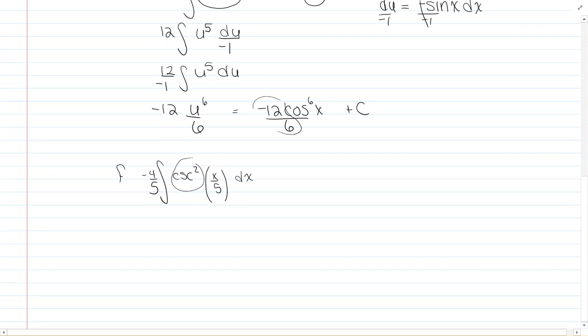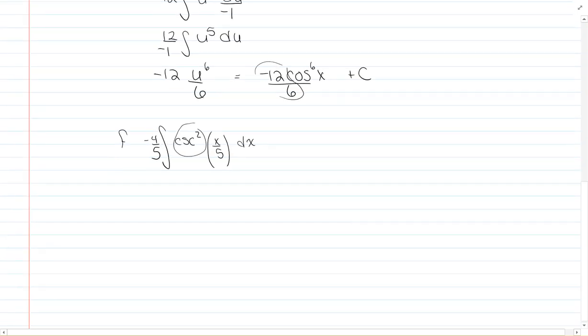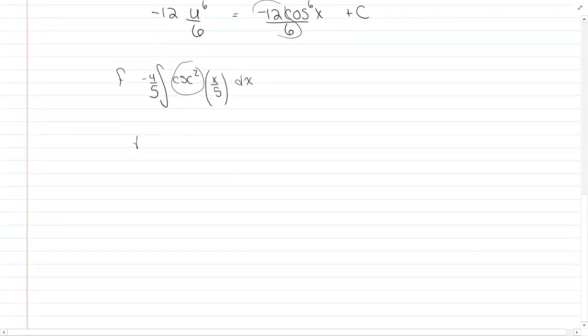Let's see, letter D. Now, letter D, again, I'm seeing a bigger power on the bottom, so you can't split that integral up because there's two terms on the bottom. So we can't just split it up and reduce it down.